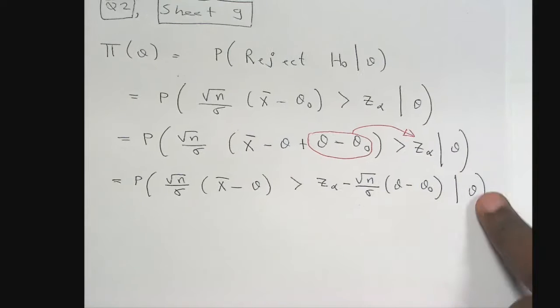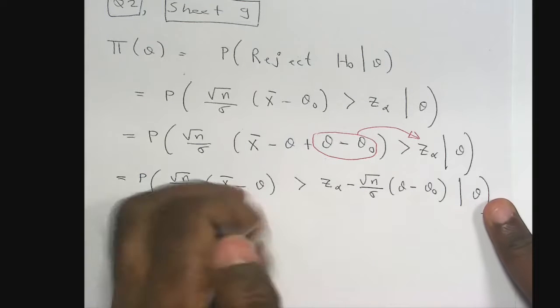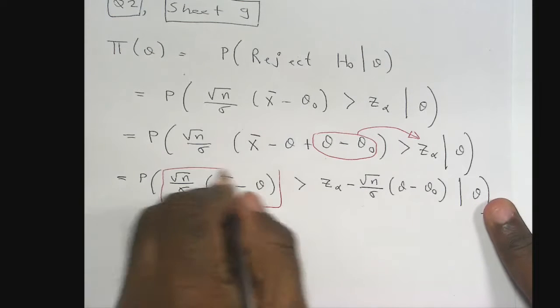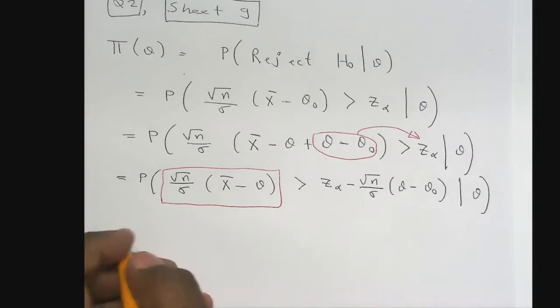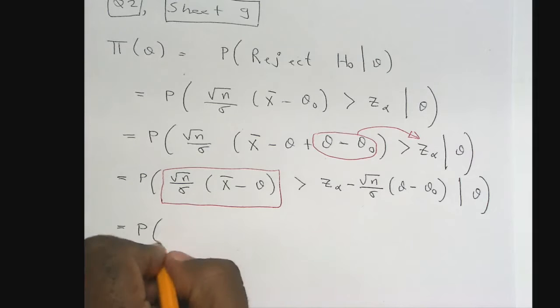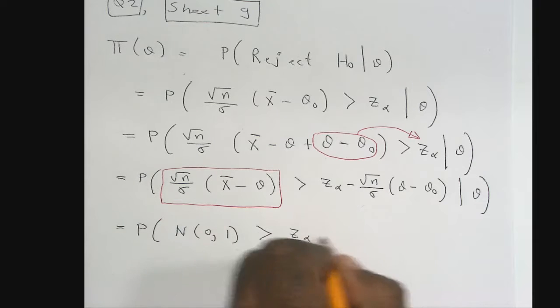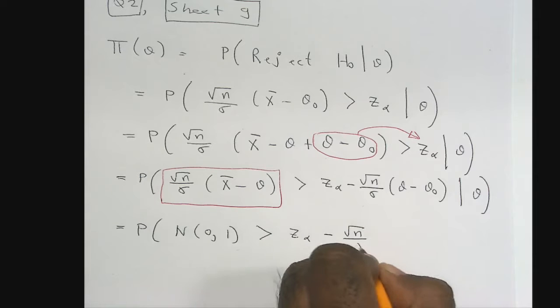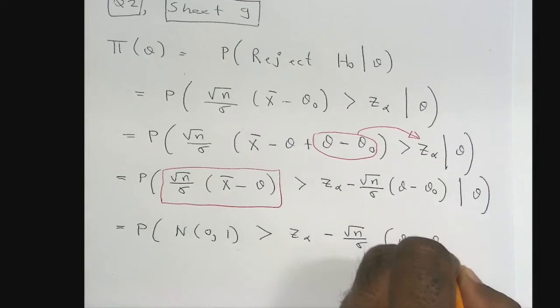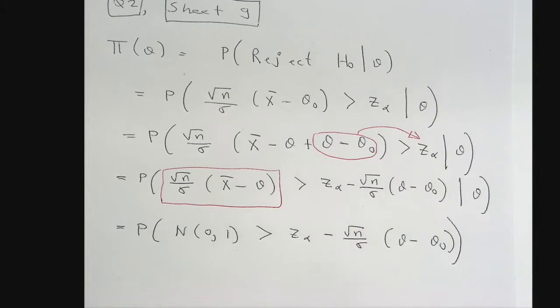Now conditional on theta, as I said before, this will have the standard normal distribution. So this will be the probability that N(0,1) exceeds... And finally you can write, if you like, it's okay to leave it like this too, but if you want you can write this as 1 minus phi at z alpha.